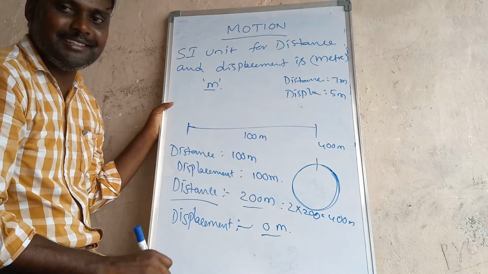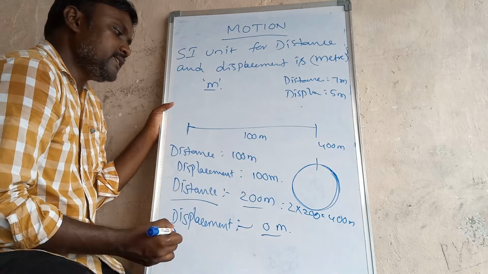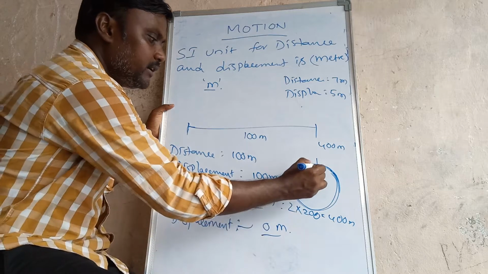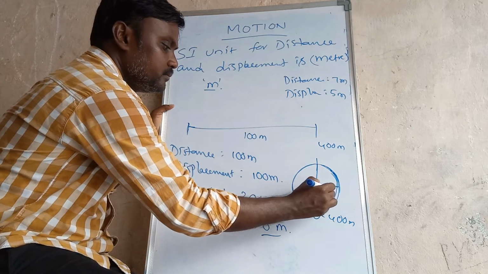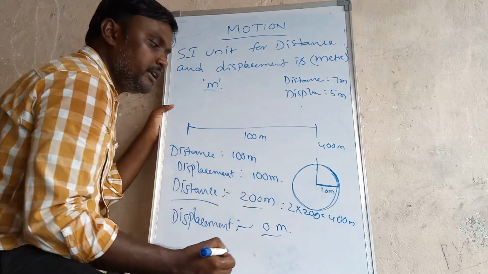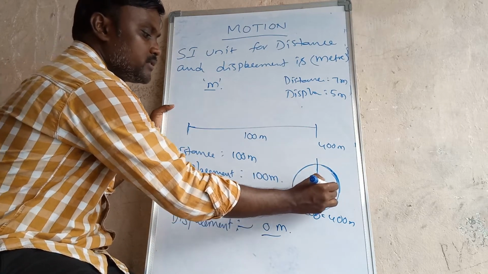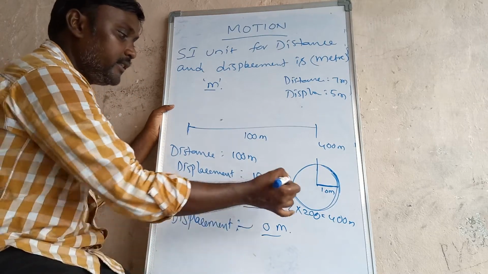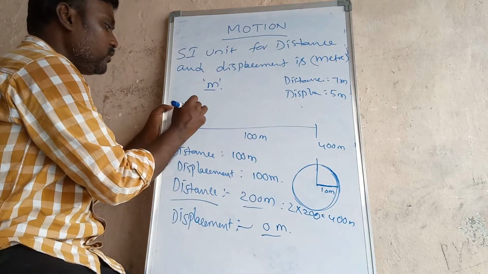Like this we have to find out. In some typical cases, they may give the radius of this circle, like 10 meters. For one complete round, they may ask you to find the distance.